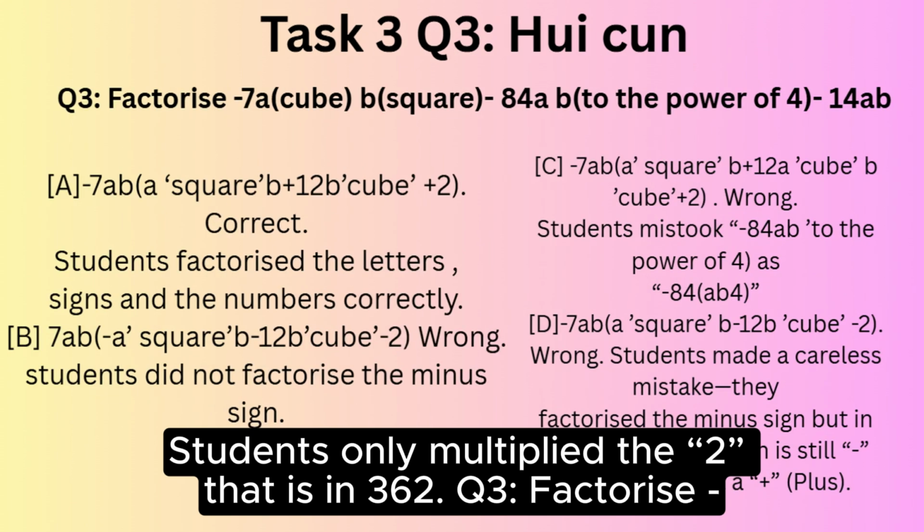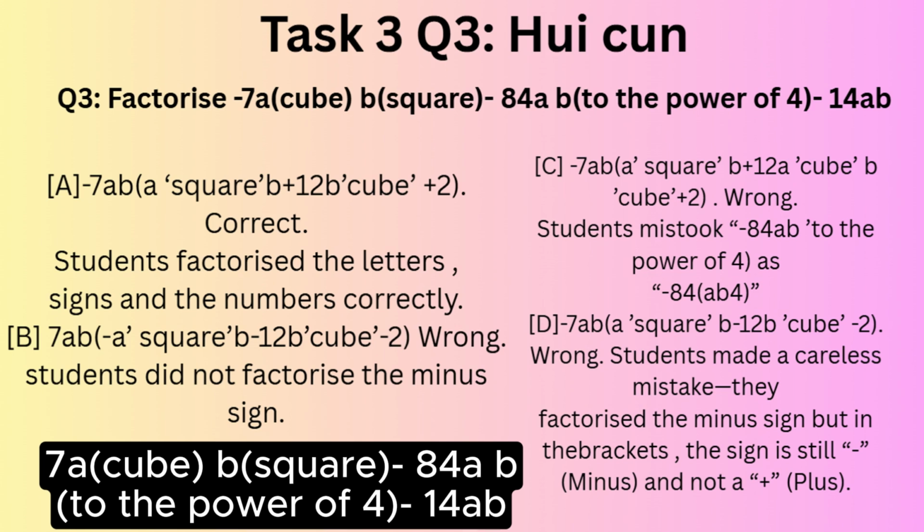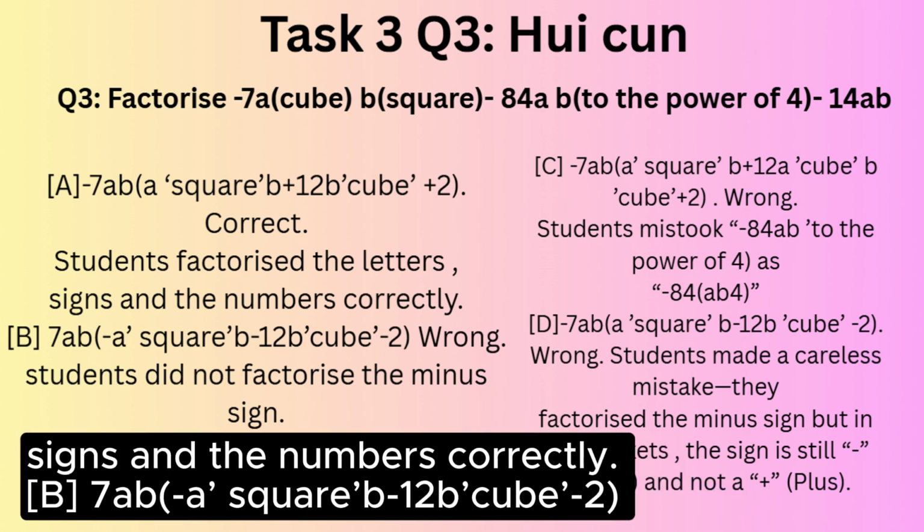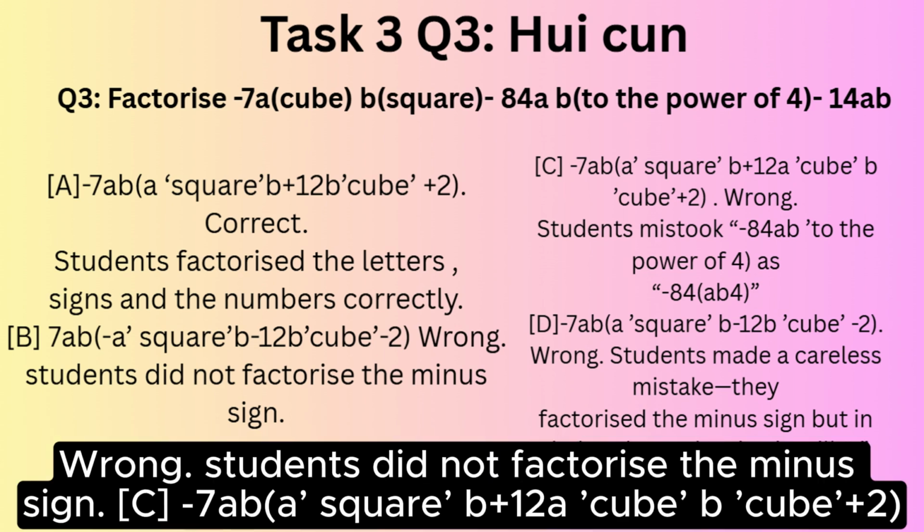Question 3. Factorize negative 7a cubed b squared, negative 84a b to the power of 4, negative 14ab. Option A, negative 7ab bracket a squared b plus 12b cubed plus 2. Correct. Students factorized the letters, signs, and the numbers correctly. B. 7ab bracket negative a squared b minus 12b cubed minus 2. Wrong. Students did not factorize the minus sign.